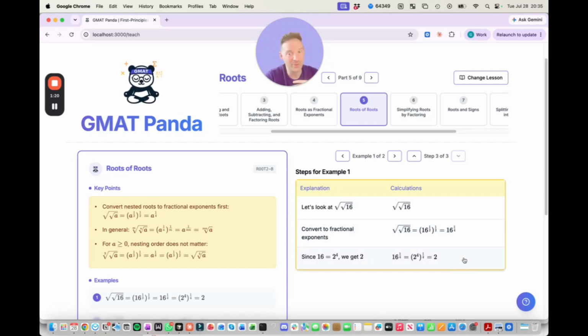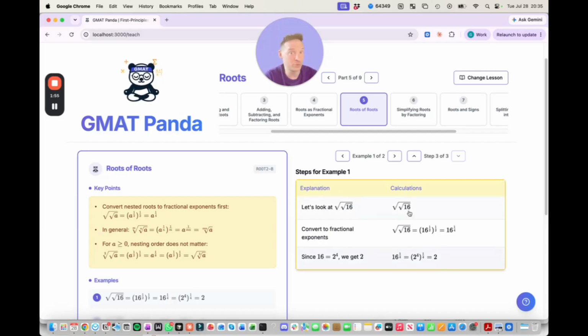Now, this 16, we know that it's 2 to the power of 4. So we can write 16 to the power of a quarter as 2 to the power of 4, which is then elevated to the power of a quarter. And again, using the rule of exponents, we can multiply those two exponents together to get 4 times a quarter, and that's just 1, right? So we're left with 2 to the power of 1, which is just 2.